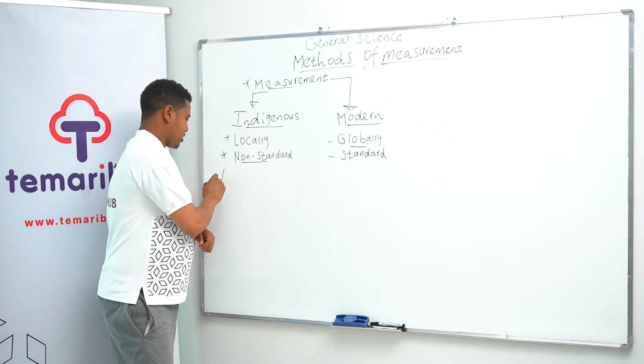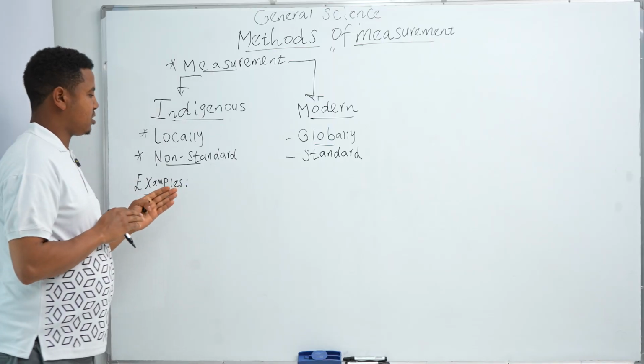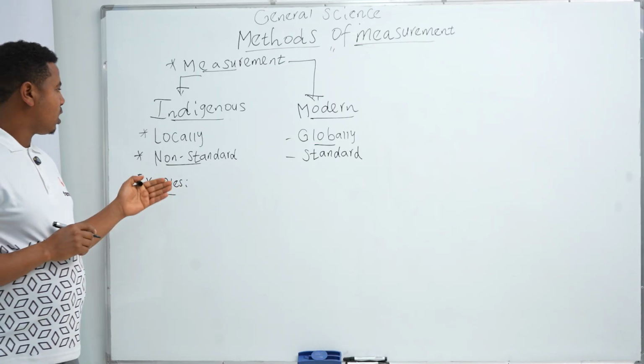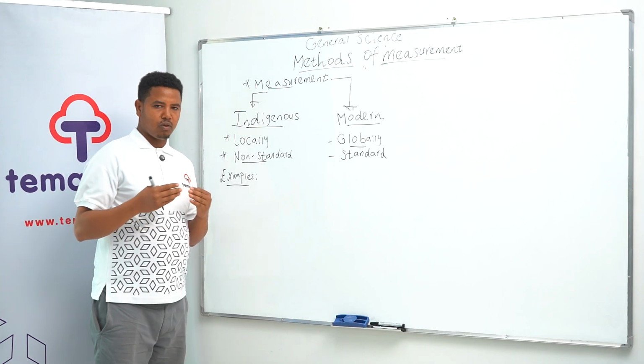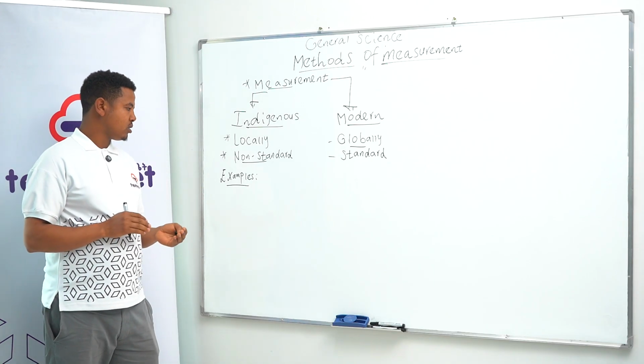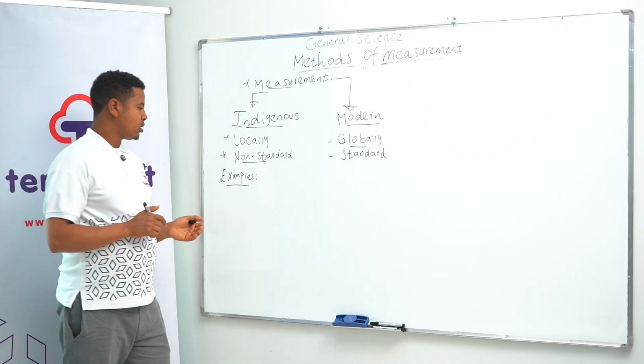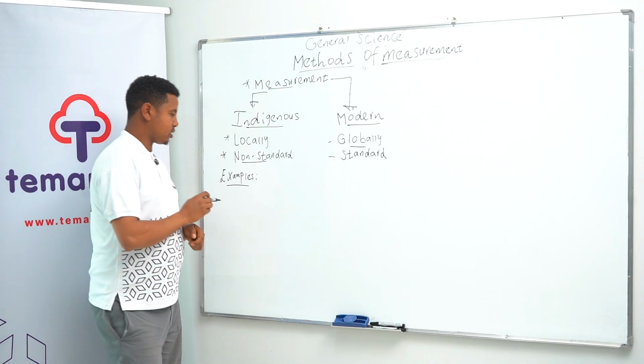Now let's see examples. There are different units of measurement for length, mass, temperature, and volume as well. Let's start with the length.